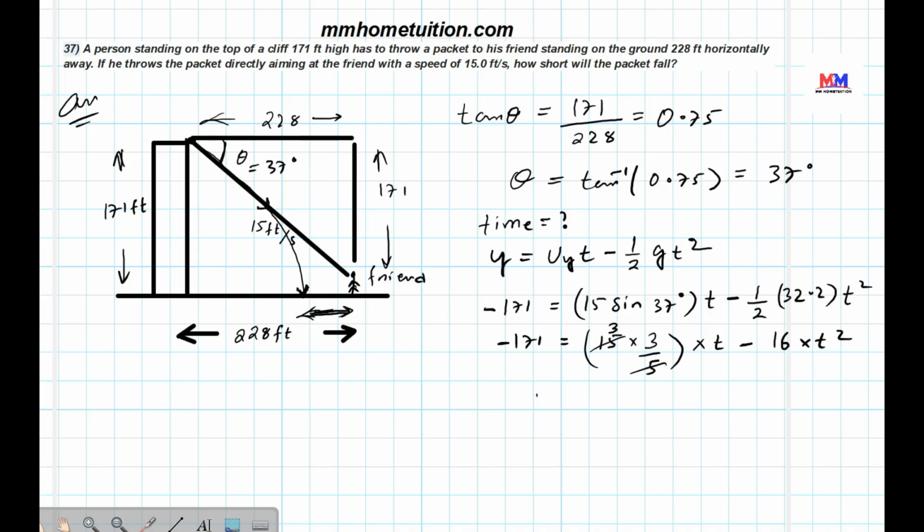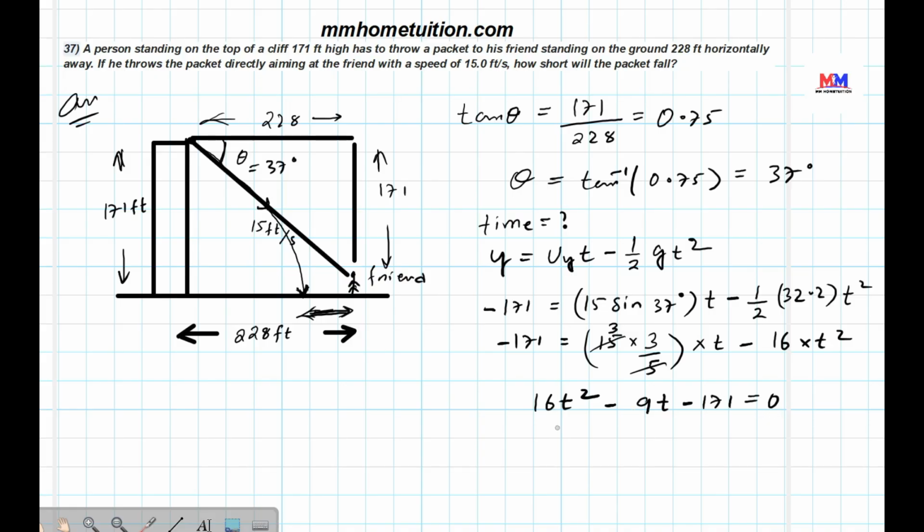So 16 t square minus 9t minus 171 equals 0.